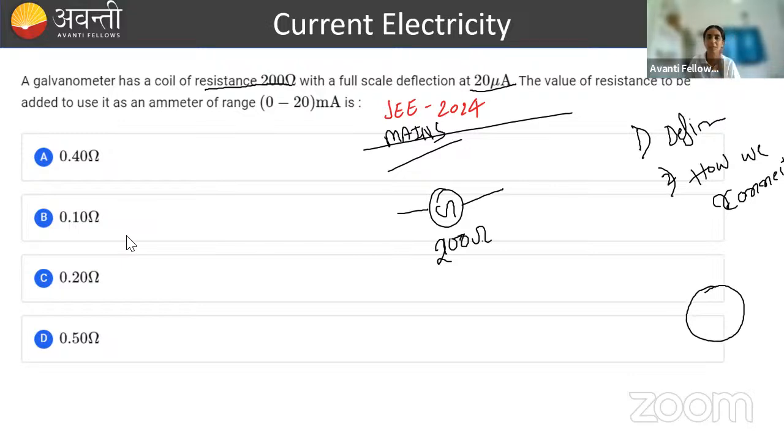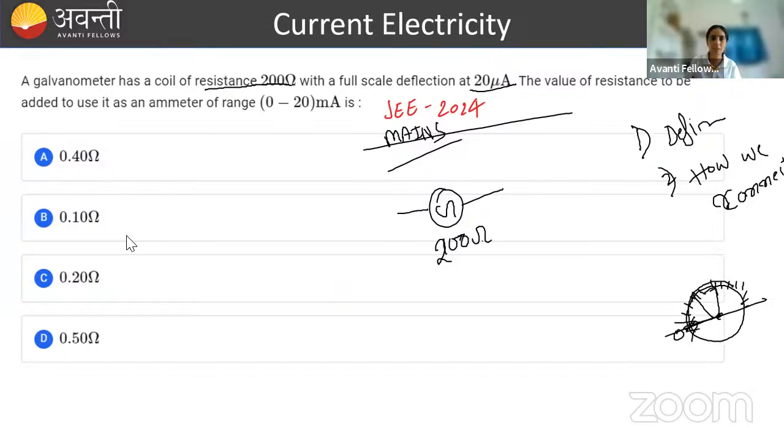Galvanometer, if you have seen in your laboratory, it has some marking. कुछ ऐसे marking होते हैं ना. And there is one needle which will be at the zero mark. When current will flow to the galvanometer, this needle will move, है ना? Depending on how much current is flowing through the galvanometer, that much deflection it will show. And for a certain value of current, this needle will deflect fully.